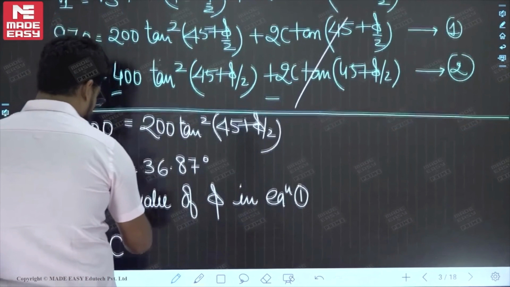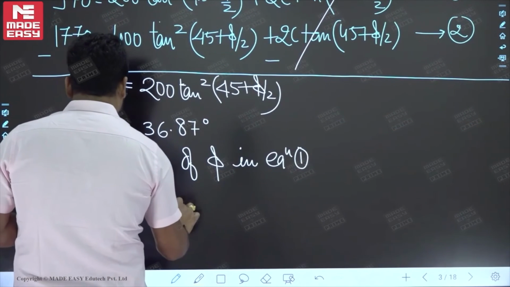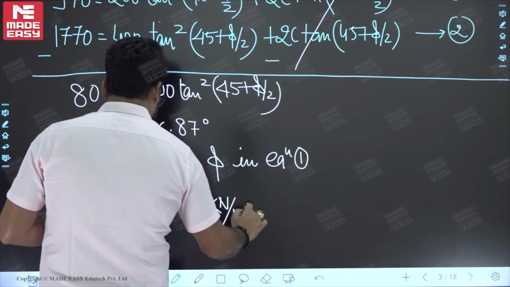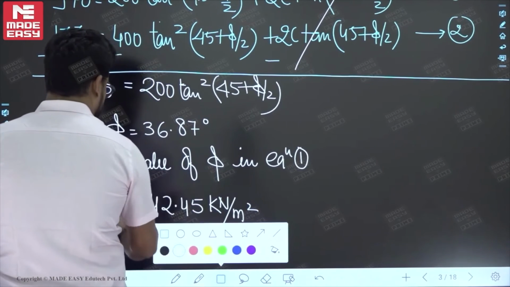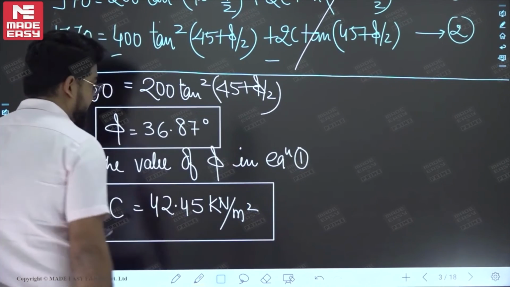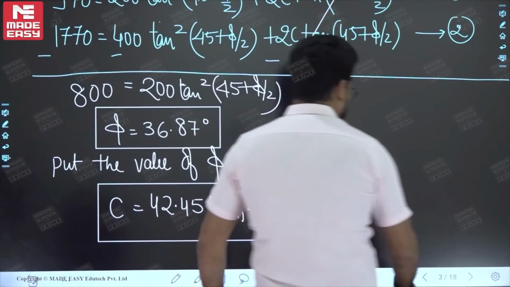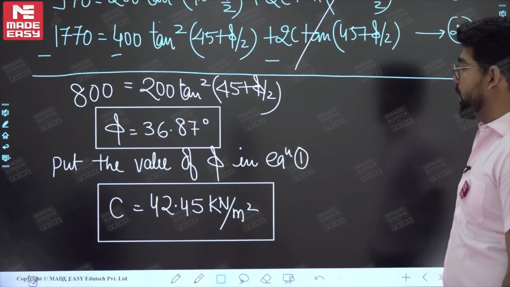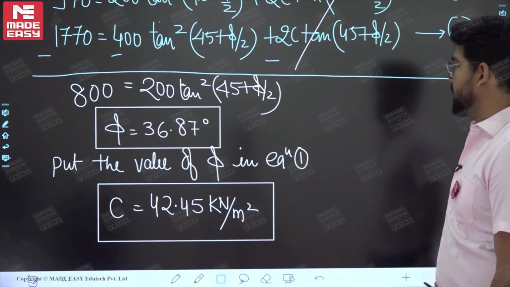This comes out to be 42.499, so we can say 42.45 kilonewton per meter square. Clear? This is the cohesion, kilonewton per meter square, and this is phi. So this is the first part of this problem, to determine C and phi. C is 42.45 kilonewton per meter square and phi is 36.87.